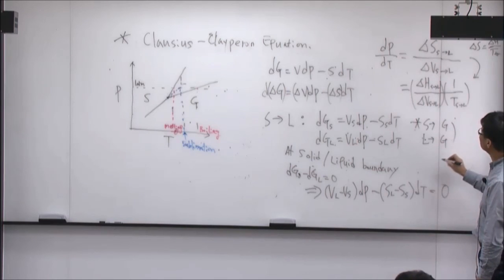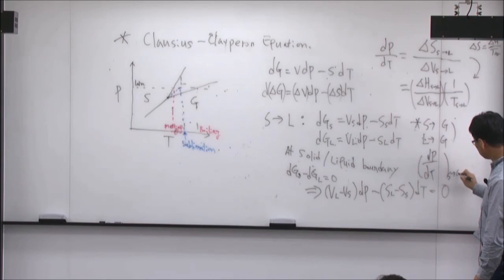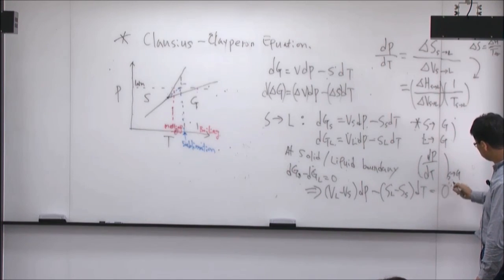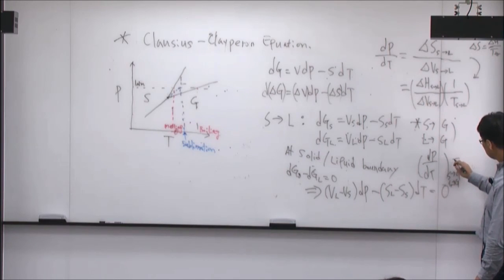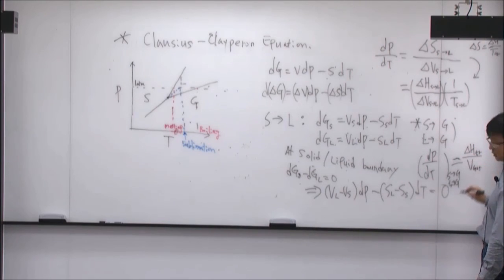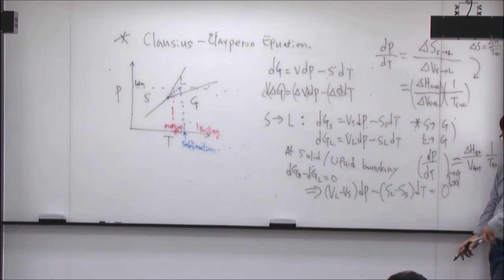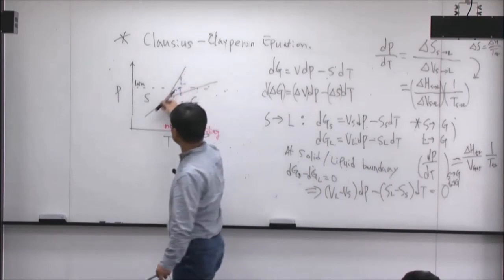Okay, so you can make an approximation: dP over dT of the solid to the gas phase or liquid to the gas phase is almost delta H of transition, whatever transition it is, over V gas phase only, times 1 over T transition. Okay? So mainly depending on this delta H. Yeah. So then we can actually get all these different slopes.